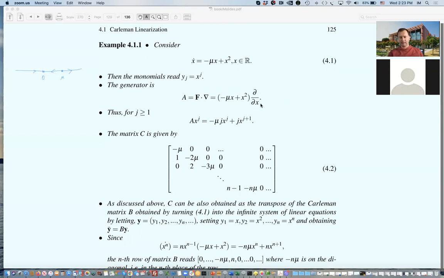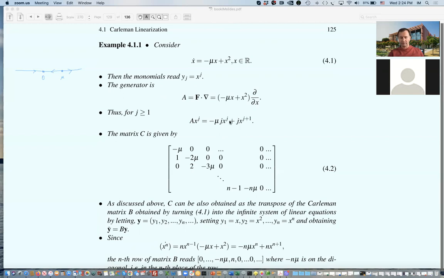And then another term is produced by multiplying the same thing with x squared. That's going to give us a j, which arises from differentiation, times x to the j minus 1 plus 2, which gives us x to the j plus 1. So A acts on the monomial x^j like this. And if you take a look at the coefficients here, they're minus mu j and j.